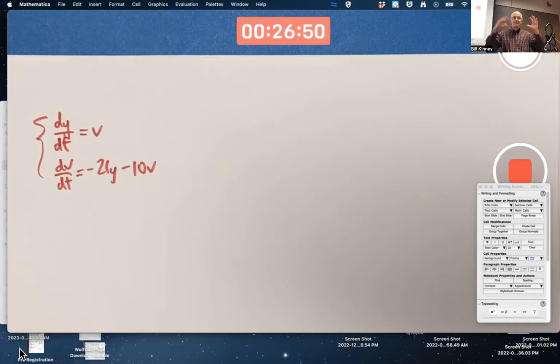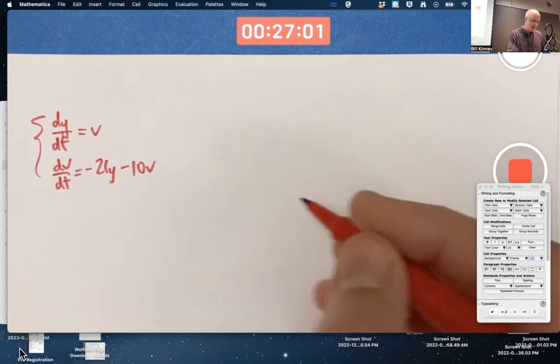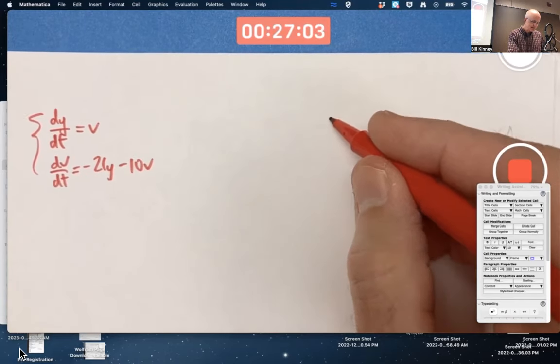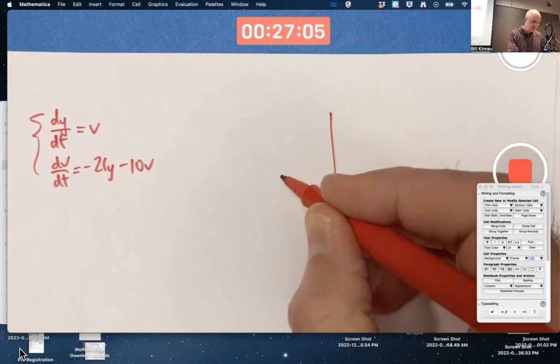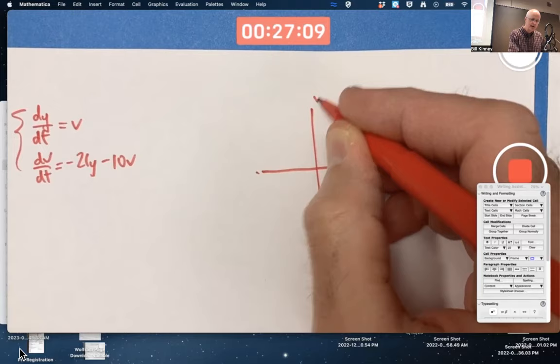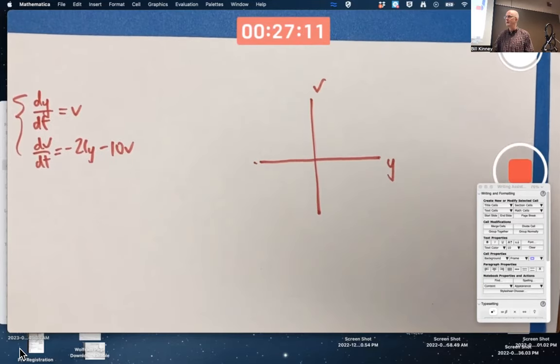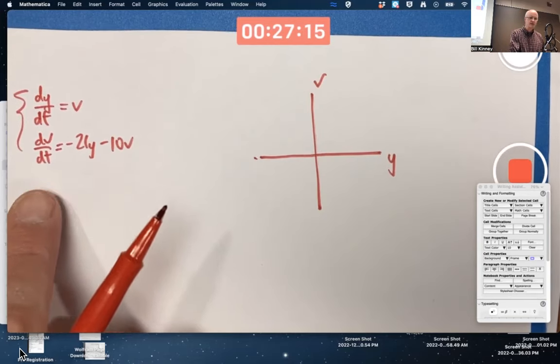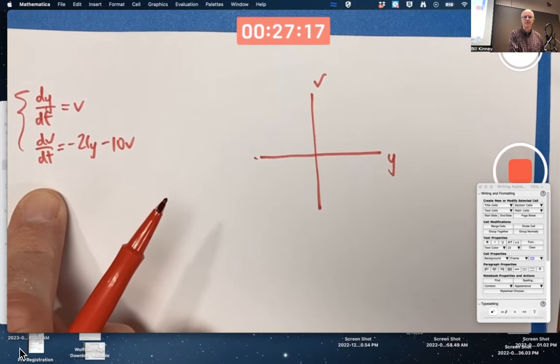And maybe phase spaces later on, three-dimensional space or n-dimensional space. In this case, since y is the first variable and v is the second variable, it makes sense to label the axes y and v. But we had an example last week where we labeled them x and y because the dependent variables in your system were x and y instead of y and v.